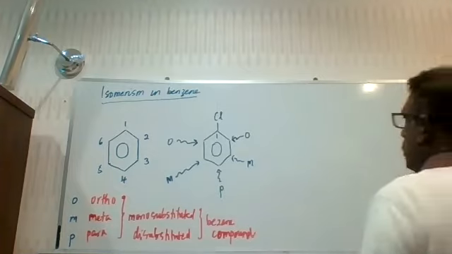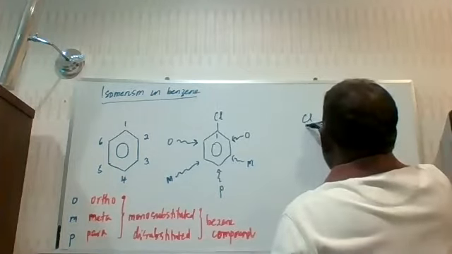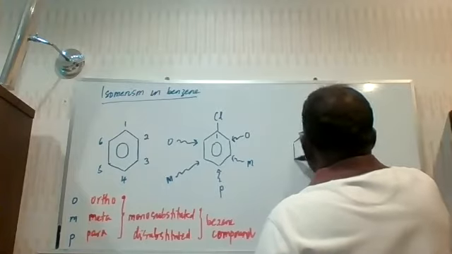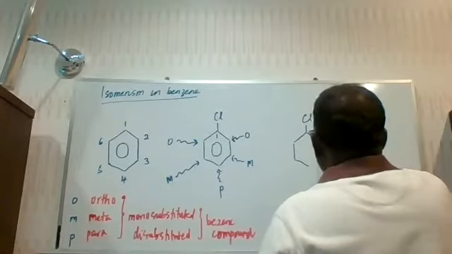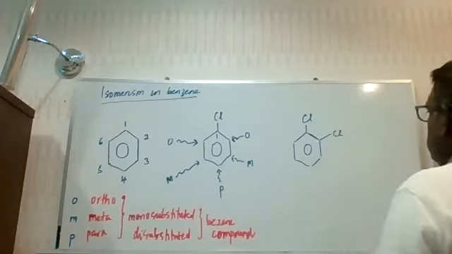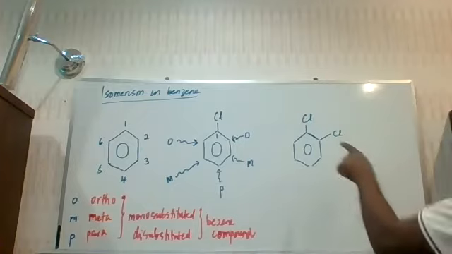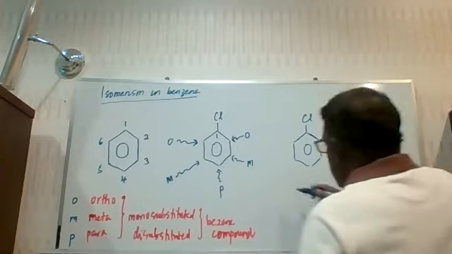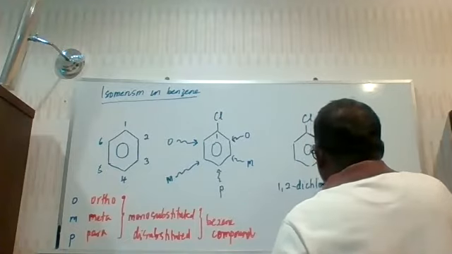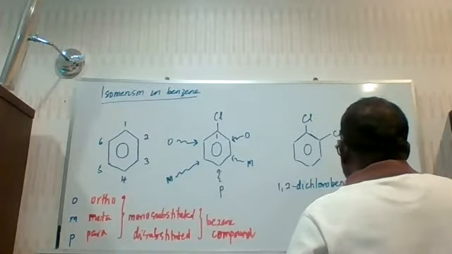If you have Cl and Cl, this can be labeled as 1,2-dichlorobenzene, where you use the neighboring positions.